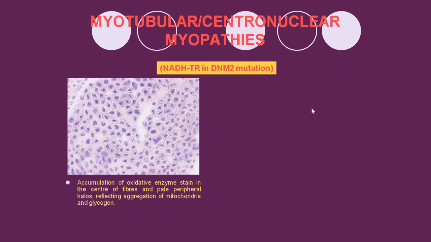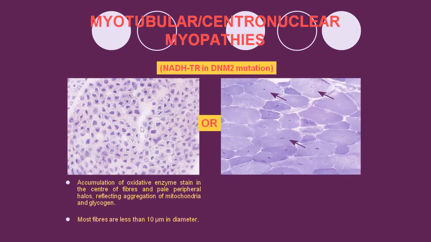This is NADH-TR in autosomal dominant mutation, showing central accumulation of mitochondria indicated by increased oxidative activity surrounded by a halo, a peripheral halo.